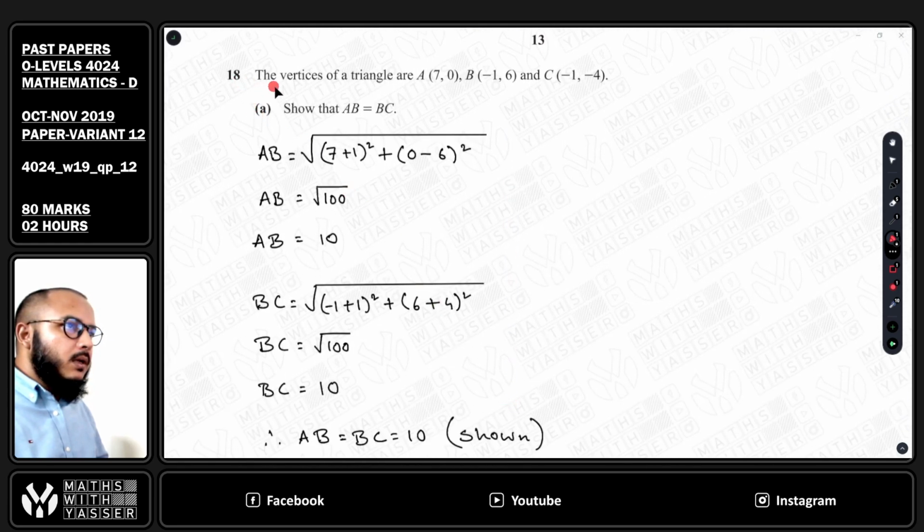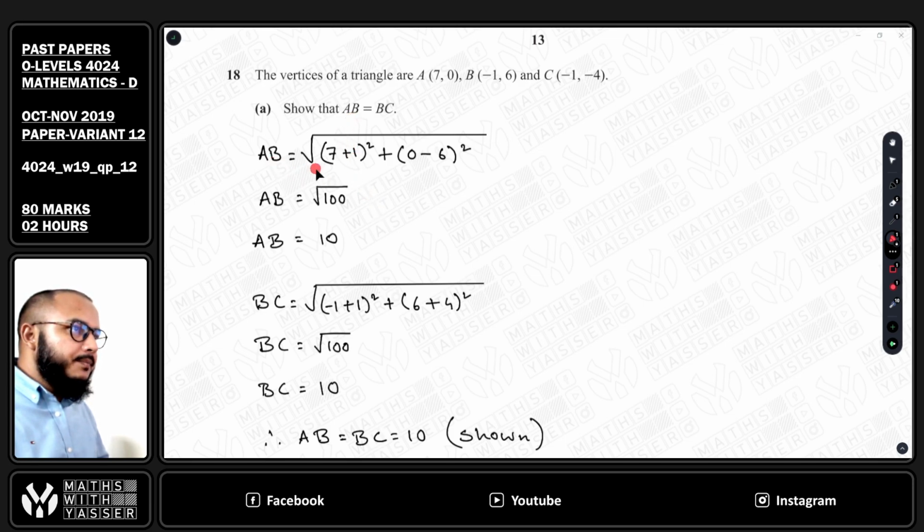Question number 18. The vertices of a triangle are A (7, 0), B (-1, 6), and C (-1, -4). Show that AB is equal to BC. For that, we just need to find the lengths of the segments AB and BC and see if they match.